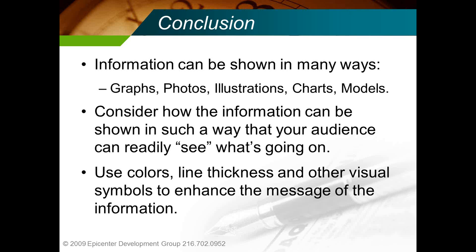Certainly using colors, line thicknesses, and other visual symbols to enhance the message of the information. That's something you want to do. There's lots of logic around how control systems should be designed. It's all around this whole idea of visual systems.